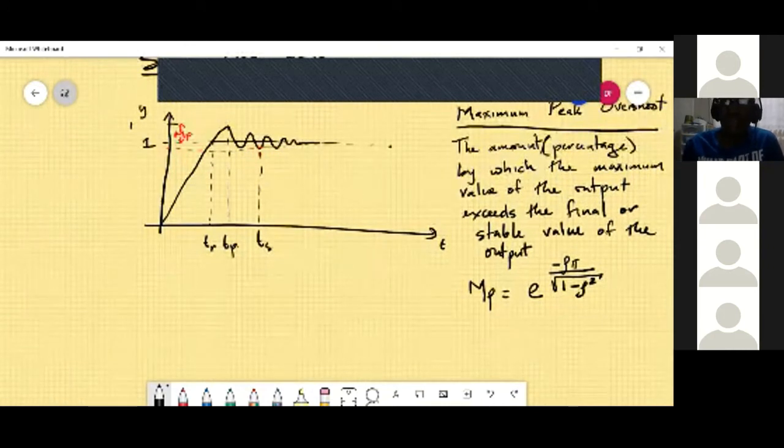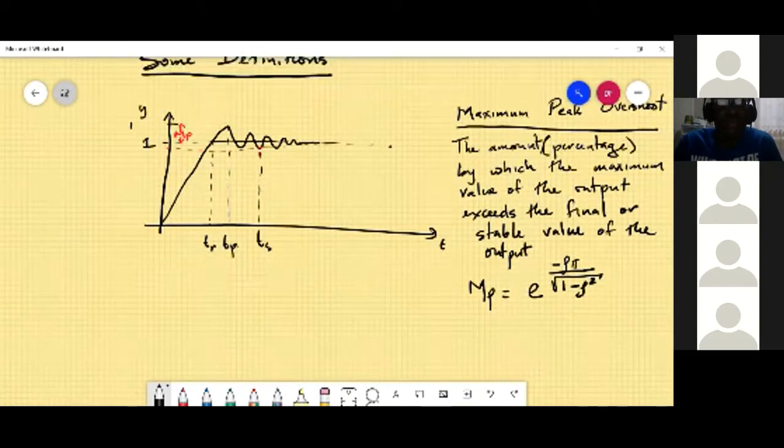It's e raised to the power of negative the damping ratio times pi over the square root of 1 minus the damping ratio squared. So that's the definition of one parameter that we want to control, the maximum peak overshoot.